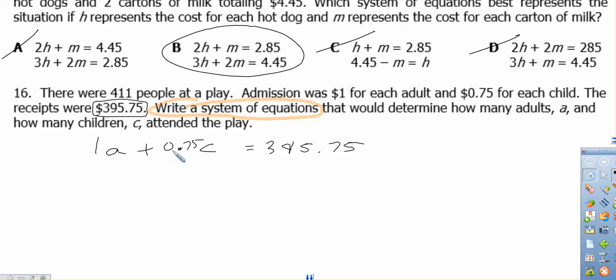Next thing we're told is that there were 411 people at the play. 411 people total. So that means if you put the adults plus you count the children, you should get 411. And that is our system right there. All right, now remember, our big goal is zero pairs. Find the set, whether it's the x's or the y's, that has the zero pair in it, and go from there.